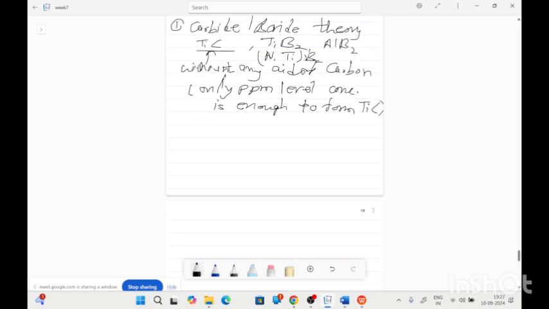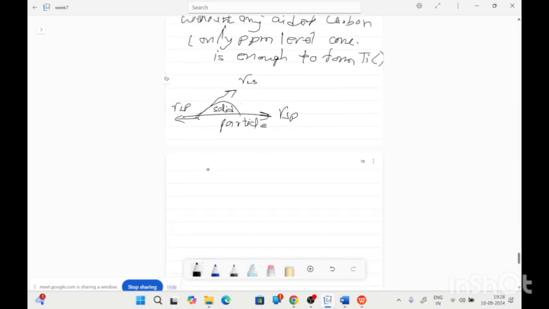So for these carbides and borides, the interfacial energies between liquid and particle is gamma LP, and between particle and solid is gamma SP. The gamma LP for the carbides and borides is very low.